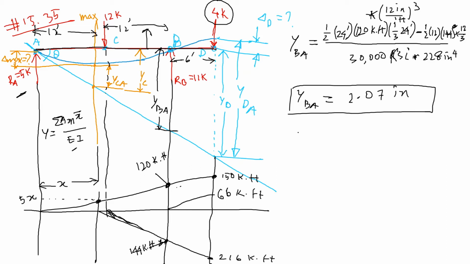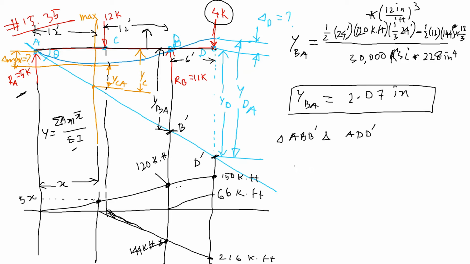So if I get YBA as 2.07 inches, then I can compare the triangles. Let's say this is B prime, and this one is D prime. I can compare the triangle AB prime and the triangle AD prime.